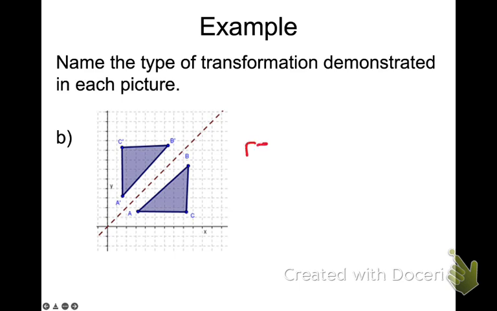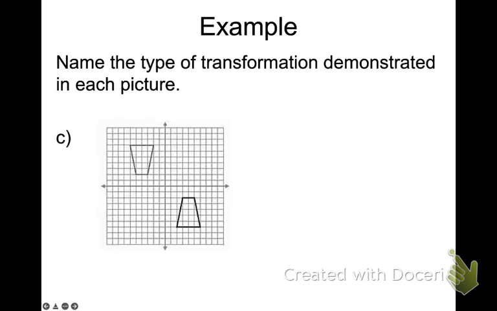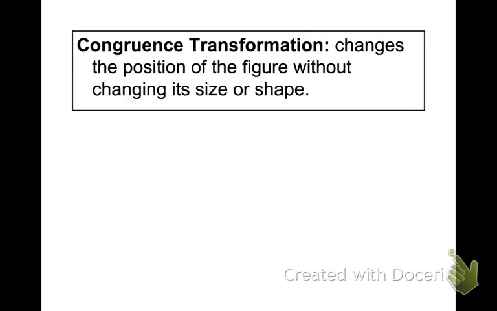Reflection. And then C looks like it would be a rotation. All right, so we've got our transformations. What makes them specifically a congruence transformation?